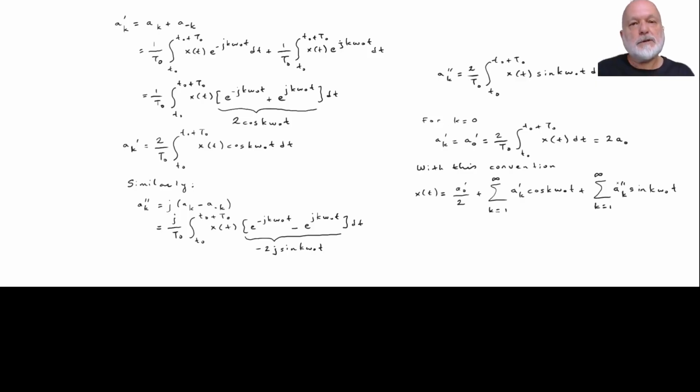So now let us look at this problem. For real valued signals, we know that the Fourier series coefficients satisfy a certain relationship. So if x of t is real valued, then a minus k is equal to ak conjugate.